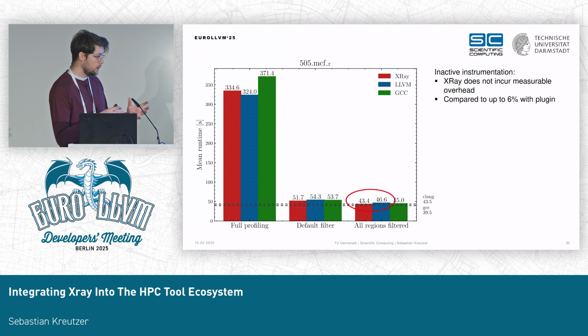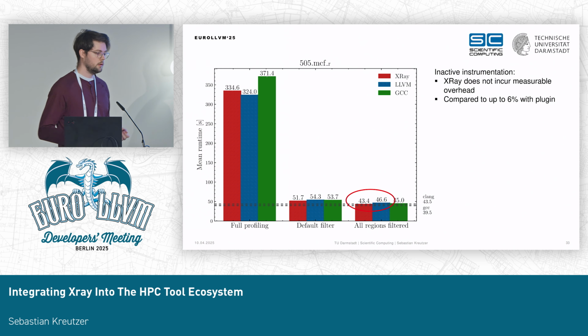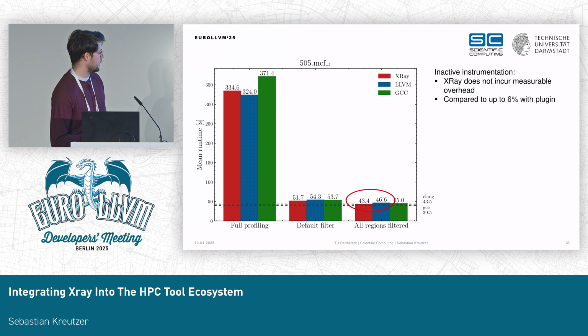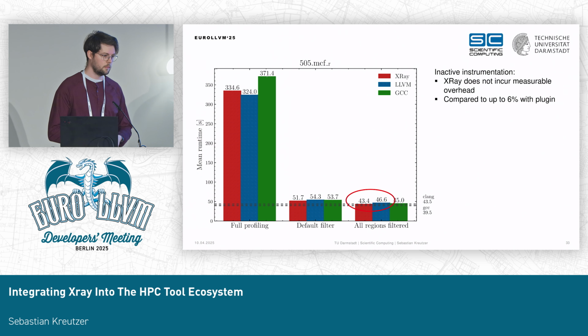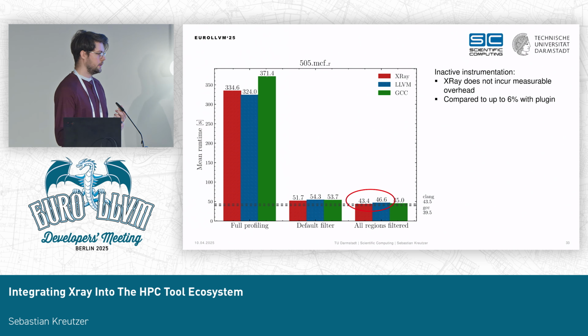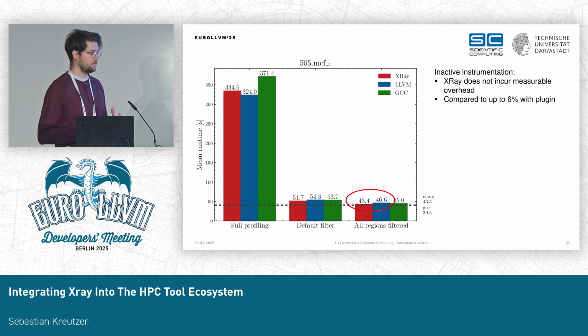Once you go to a fully filtered configuration, basically meaning no tracing or profiling at all, then there's no measurable overhead for X-Ray, compared to up to 6% with the static plugin. 6% isn't a lot, but this 0% overhead allows you to use the same binary for both profiling and for production runs. So it makes the workflow a lot easier.